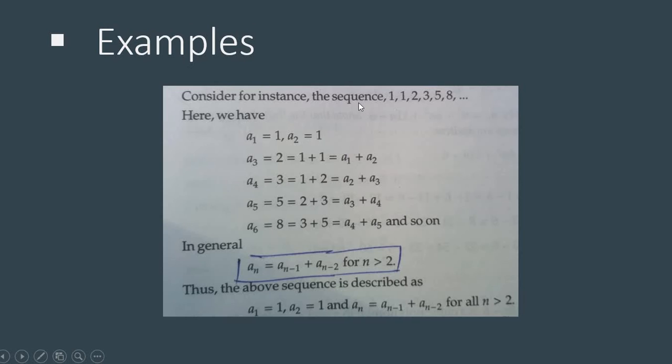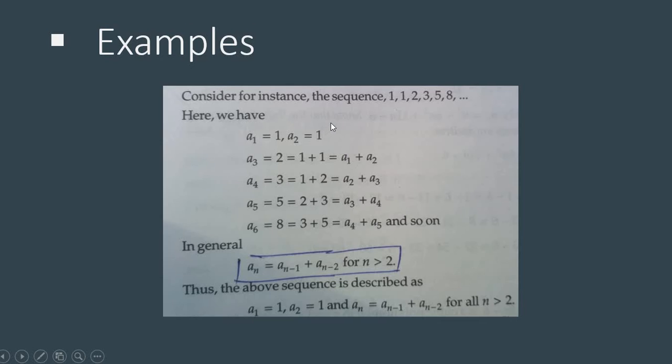See this example. This is an example of a randomly given sequence. You have to find the pattern or rule which this sequence follows. Look at these. A1, the first term of the sequence, is 1 and the second term is also 1, the third term is 2, the fourth term 3, the fifth term 5 and the sixth term is 8.